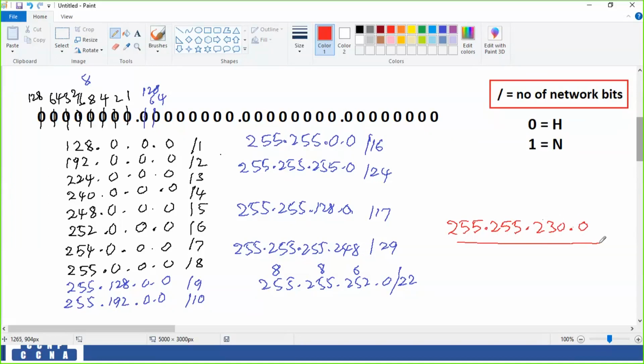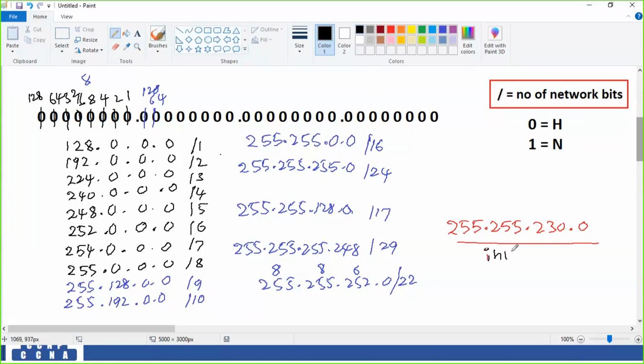CSM or DSM? CSM, right? Yes. So it is not a DSM. Even it is not a CSM.